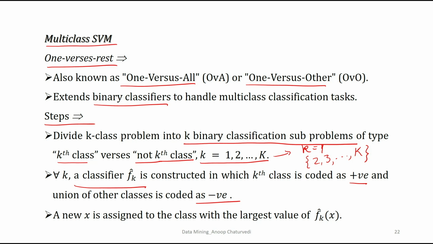And then you apply classification using SVM, and suppose this is the classifier. Then a new x is assigned to the class with the largest value of f hat k of x.